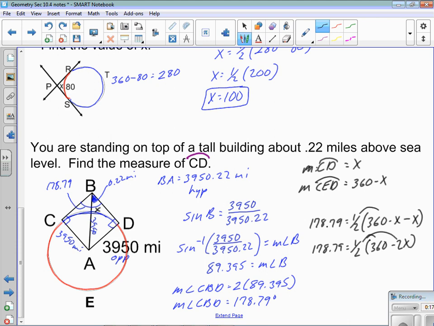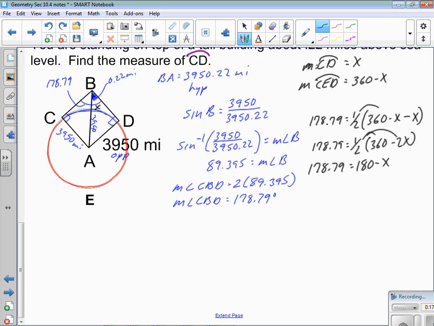Distribute the 1/2: 180 minus x. And then solve for x, subtract 180. Negative 1.21 equals negative x.